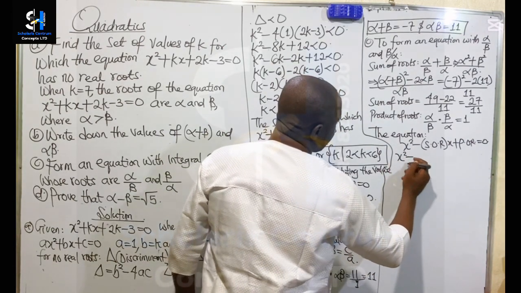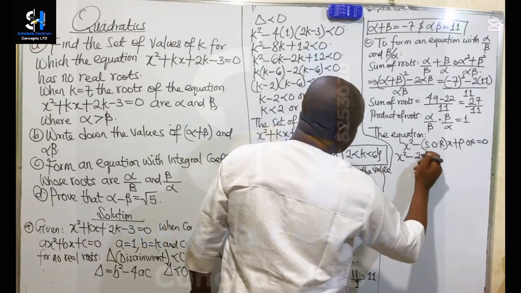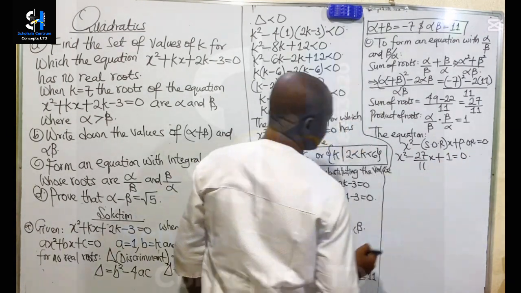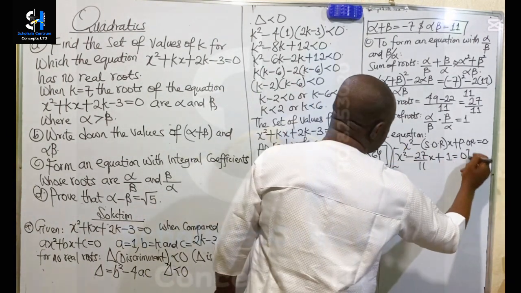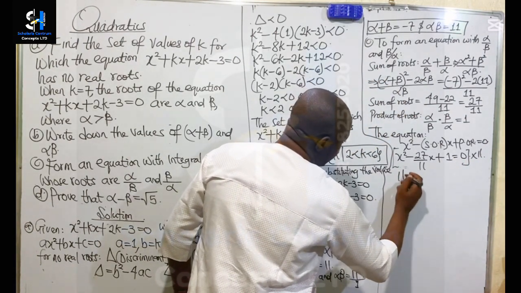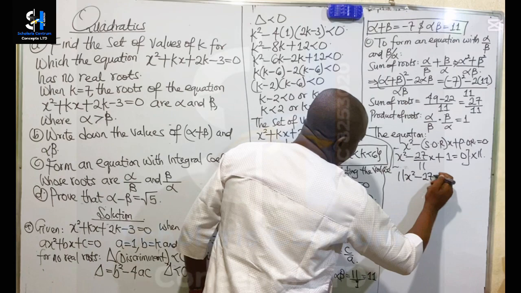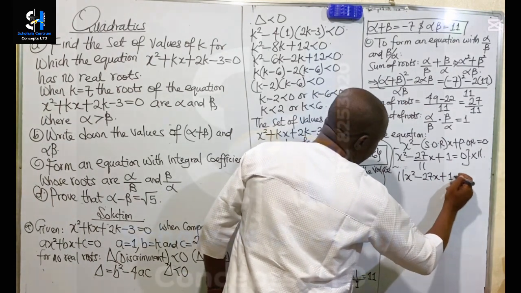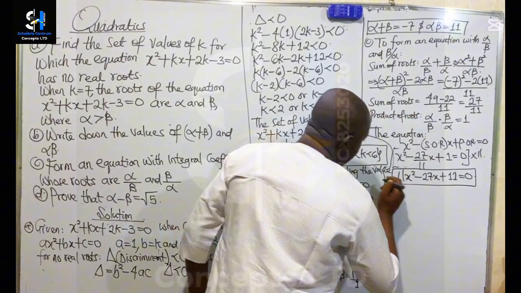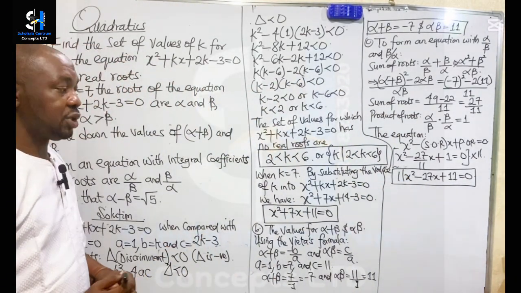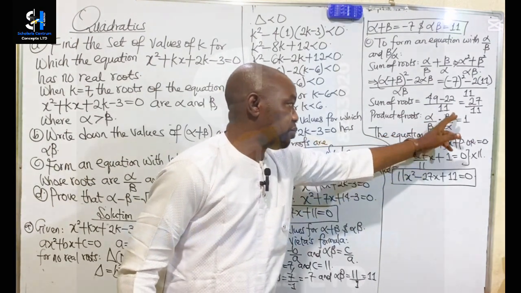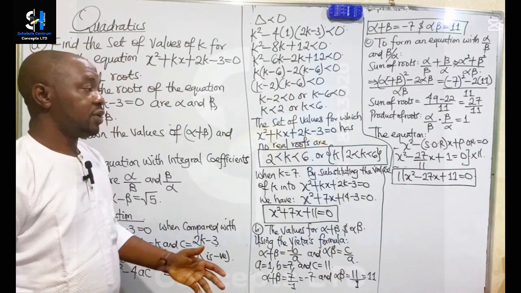So this will be x squared minus 27 over 11 of x plus 1 equals 0. If we multiply this equation by 11, then the new equation will be 11x squared minus 27x plus 11 equals 0. That's the equation we get when alpha over beta and beta over alpha are the roots.